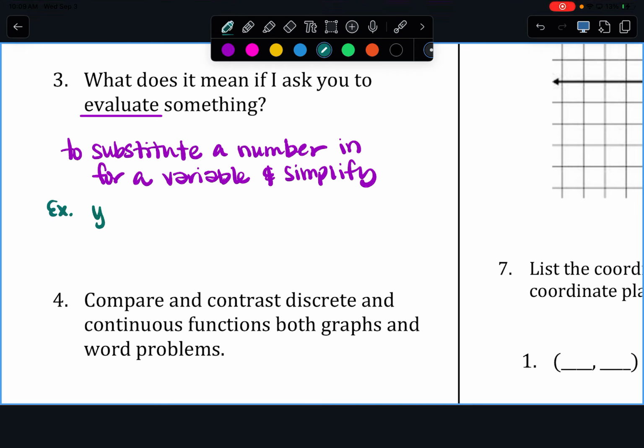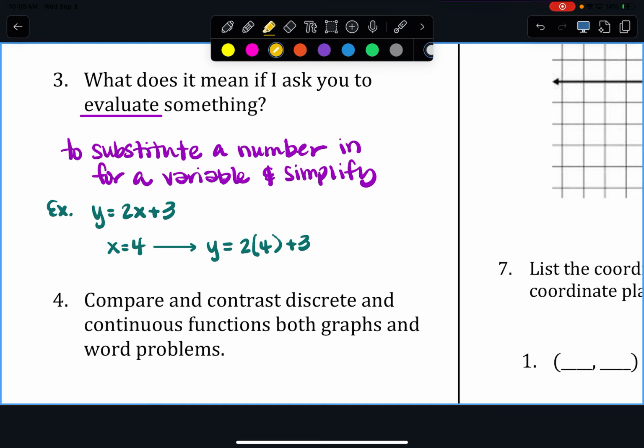if I gave you the function y equals 2x plus 3, and I told you that x equals 4, well, then you would substitute x equals 4 in for the x, and you would rewrite the whole thing again, y equals 2, but you always put the number in parentheses that you're substituting, always.